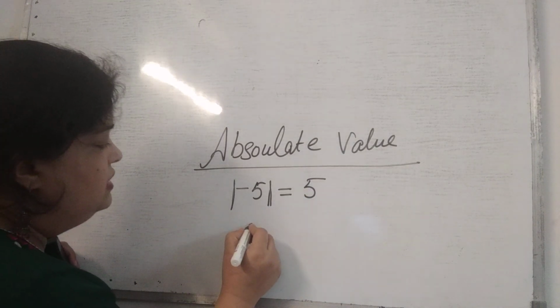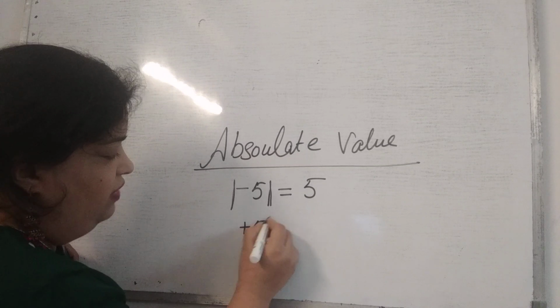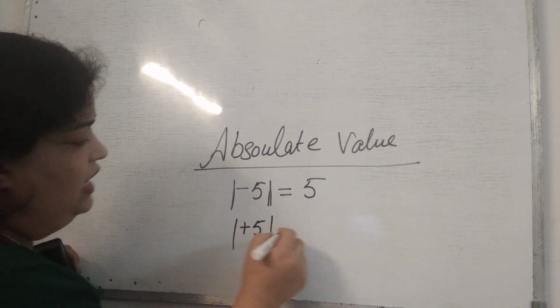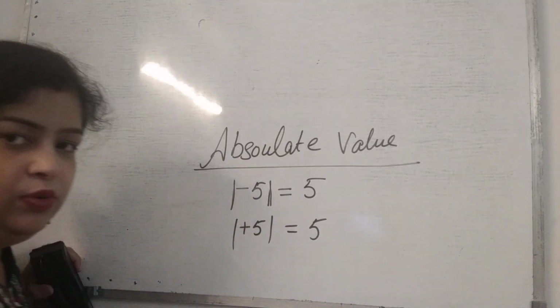Okay? Here the other number is plus 5. We can see the number is 5. So ignoring that sign, you will put 5. Okay?